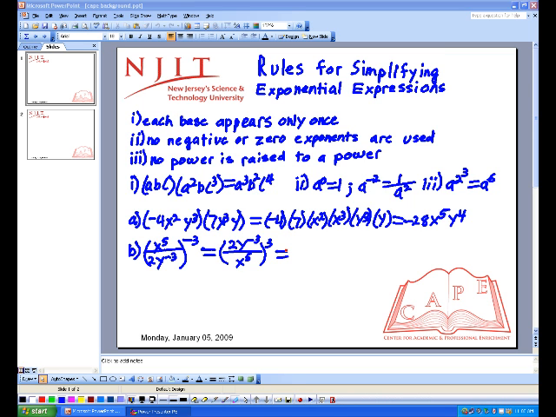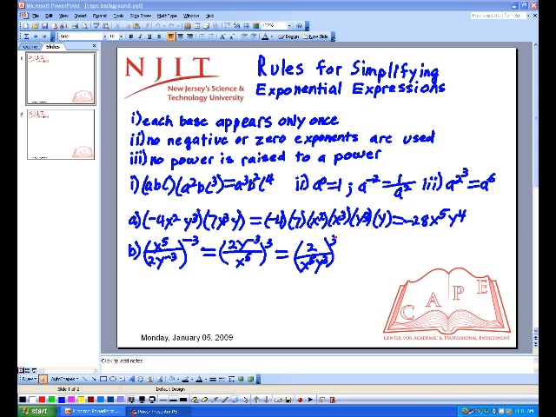which is going to equal, if we bring the y down because of the negative, 2 over x to the fifth times y cubed.